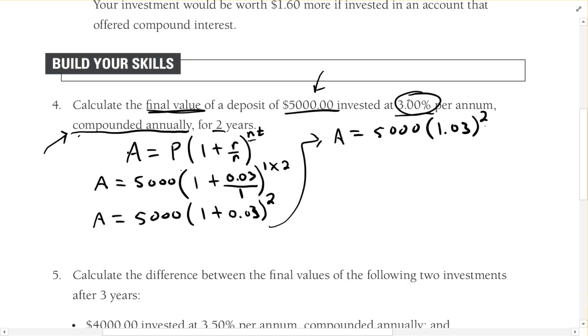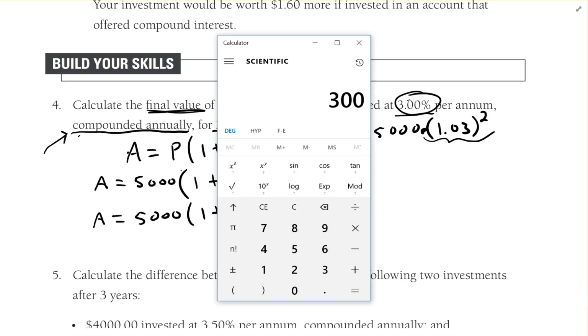Now the next thing I'm going to do, just to make sure I don't mess anything up, is go 1.03 to the power of 2 first. It's a little bit safer way of doing it, because I'll get a number from that, and then I'll just multiply by 5,000. It would work too if you went 5,000 times this. It's the same thing. So we're going to go 1.03, and then to the power of, on mine, it's x to the y, which gives me that little hat symbol.